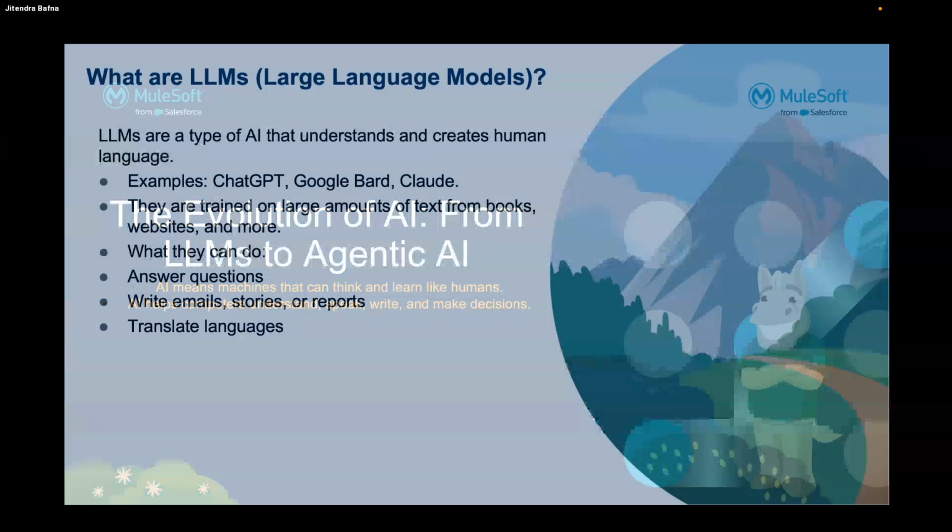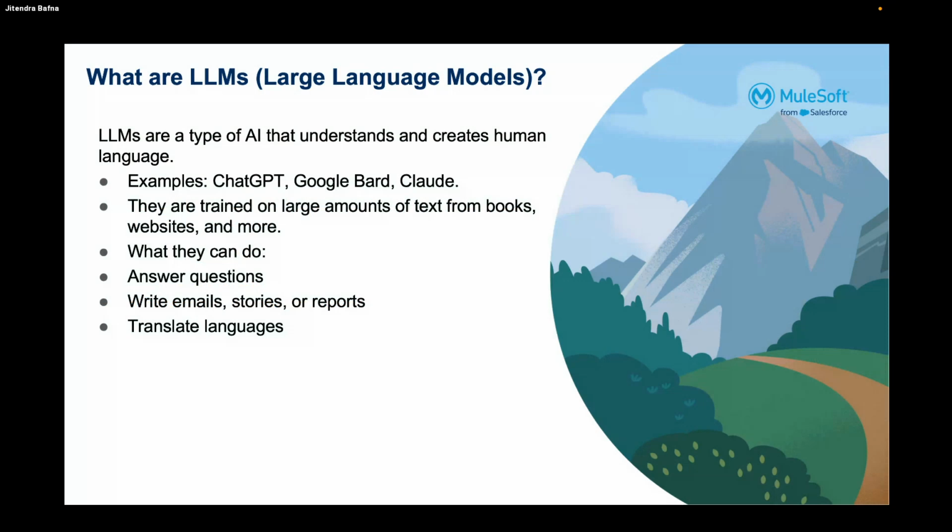As I already explained, it is a type of artificial intelligence which can understand human natural language and answer in a similar way. Examples are ChatGPT, and many other LLM models are available, like Gemini and DALL-E. Some LLMs generate text, some generate music, some generate videos.